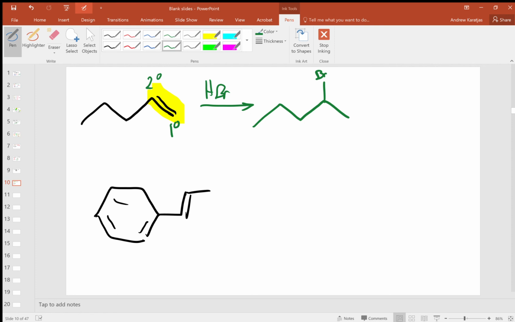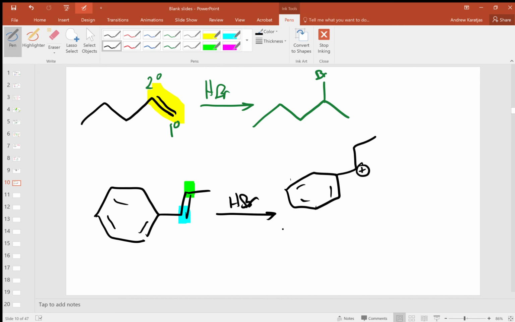The second example is a little bit more complicated. And the reason it's a little bit more complicated is both of these carbons are secondary. But if we look at the two possible carbocations, that should help us to distinguish which one will be preferred.